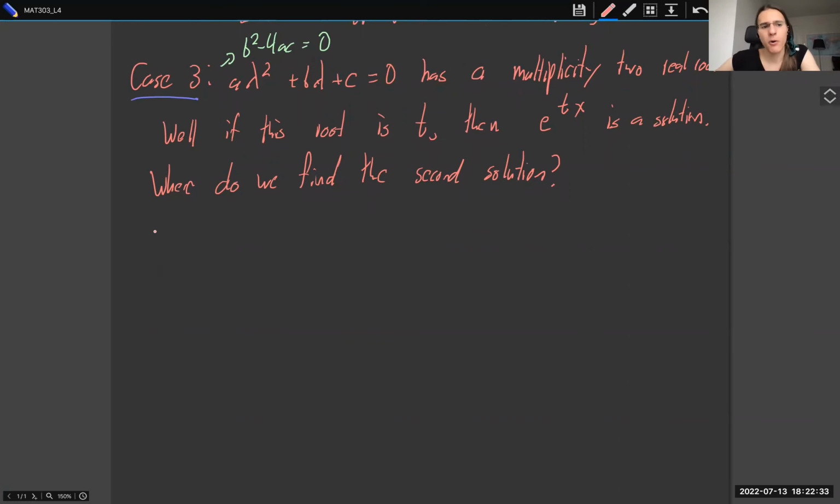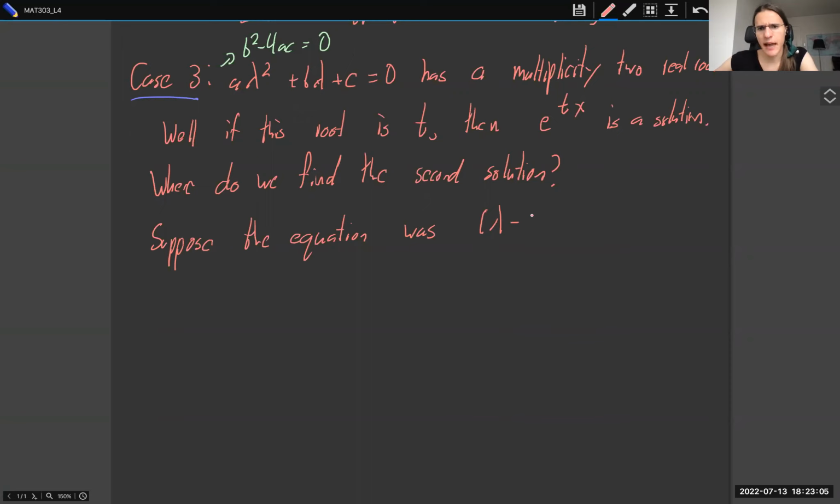So suppose the equation was, and let's imagine that A is 1 for a second. Let's just forget about A. Suppose the equation was lambda minus, because it's the same equation if you scale everything. So we can just make A be 1 because A is non-zero.